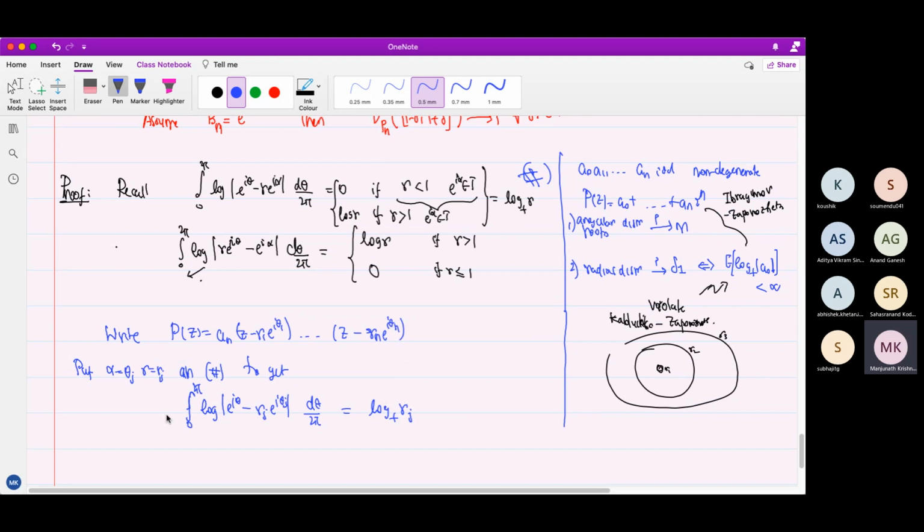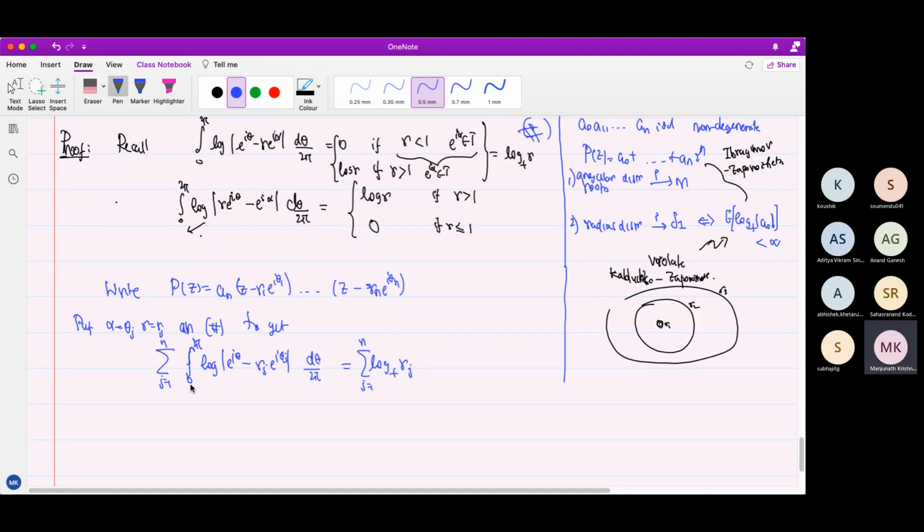But what is this actually? And then I sum it over j. Now what is this? Let's take this one. It is the integral 0 to 2 pi of log of, when I take the sum of the logs, it is log of the product. The product is e to the i theta minus zeta j. This is everything except this.